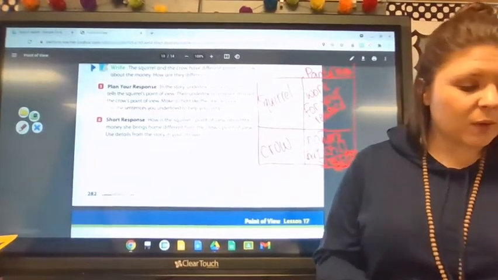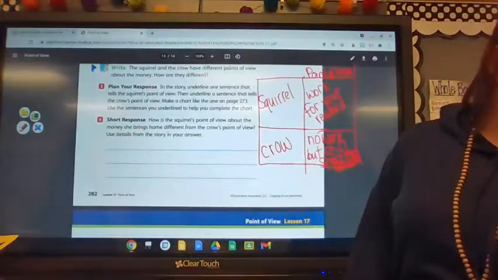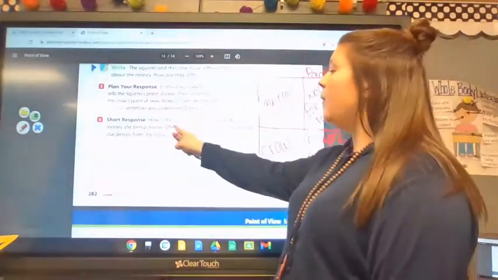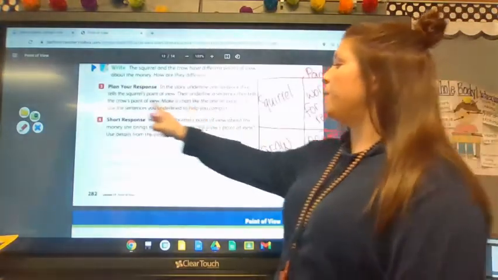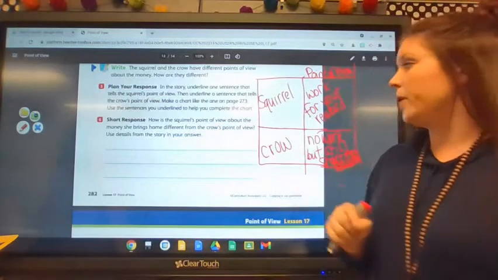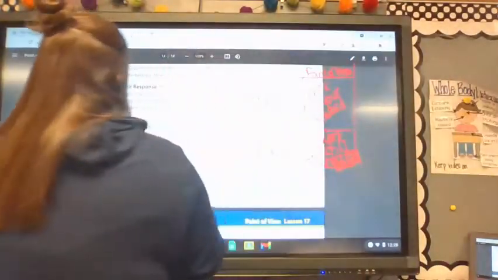All right, now what we're going to do is we're going to take this and we are going to write our short response, okay? So it says, how is the squirrel's point of view about the money she brings home different from the crow's point of view? So the first thing we're going to do is we're going to restate our question.